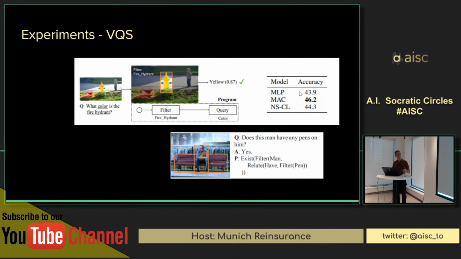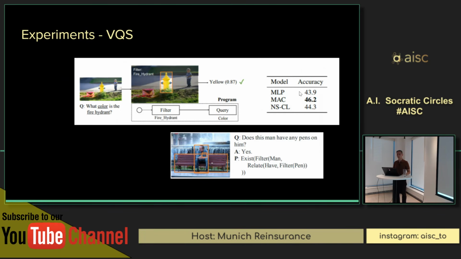But the most interesting part here is the experiments on the VQS dataset. So VQS is a subset of VQA. It contains questions that can be visually grounded.